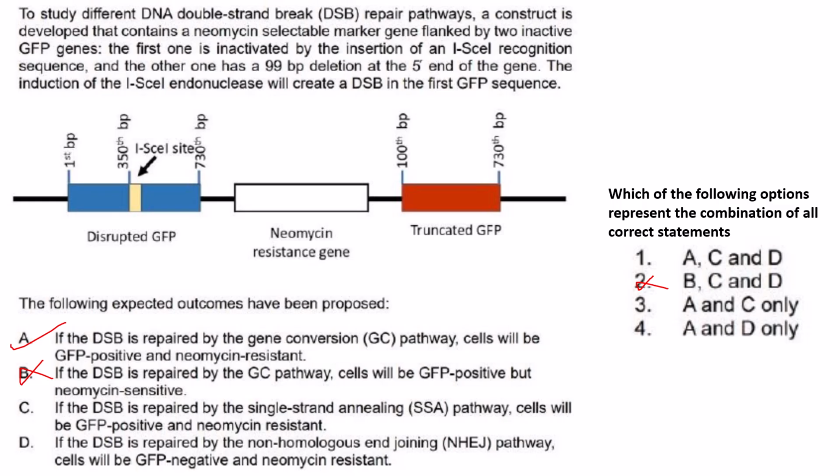I told you in a single strand annealing pathway, it uses the homologous region in the same DNA strand, or I can say it will utilize the homologous sequences flanking the break to mediate its repair.